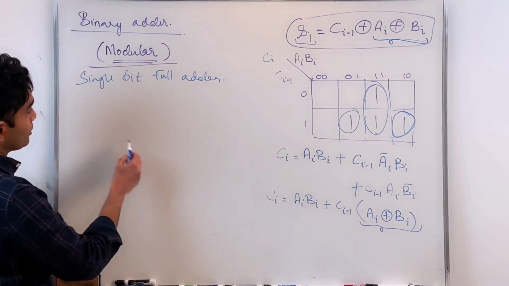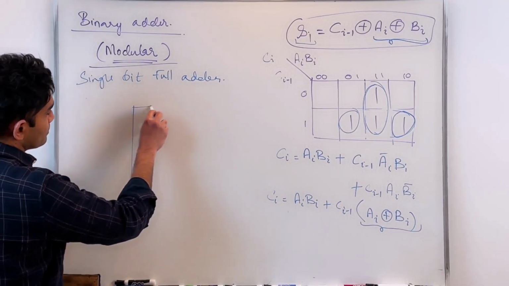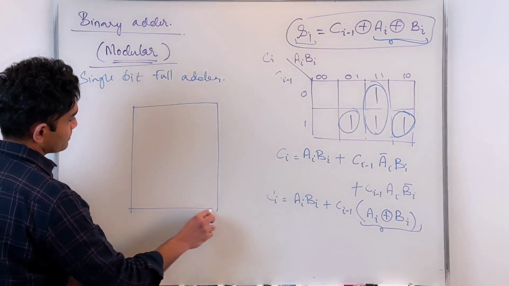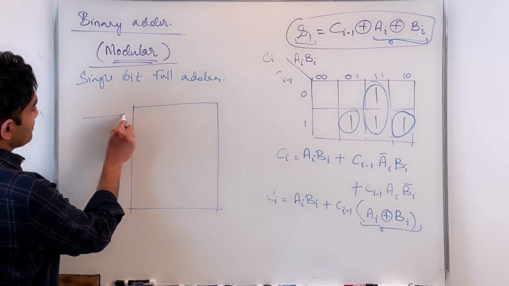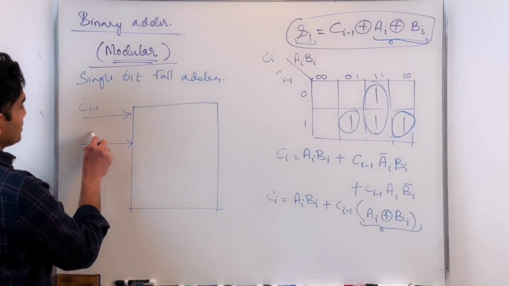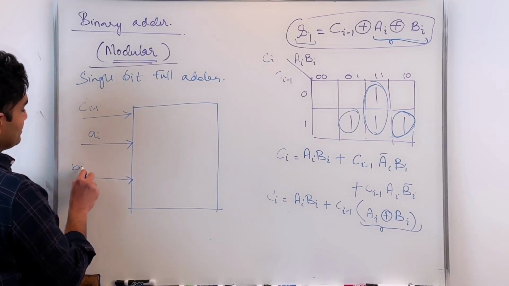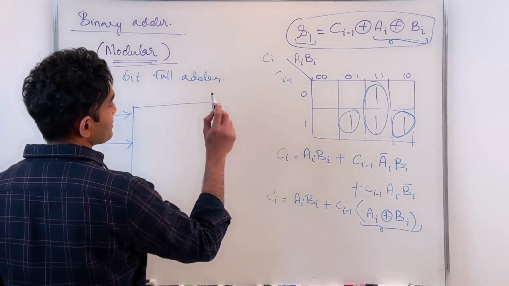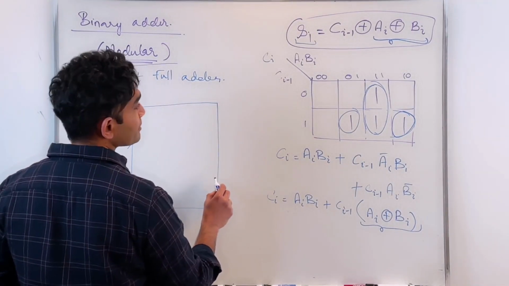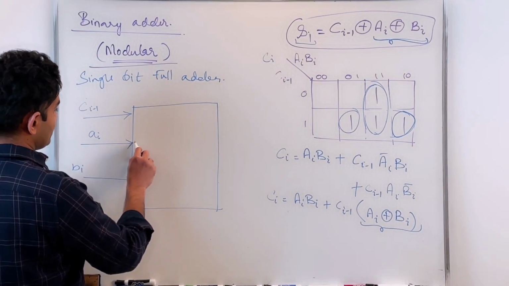I can write that down. I can actually draw that down now. Okay, I have Ci minus 1 applied, Ai, Bi, my Ci, and then my Si would be a bunch of exclusive OR gates.